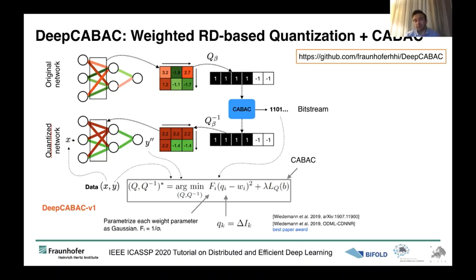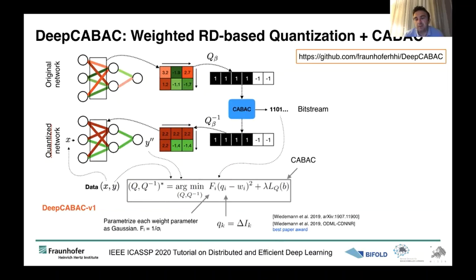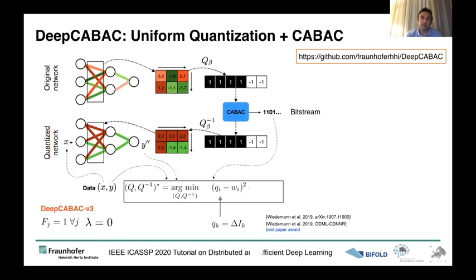So what we did in the first DeepCABAC version is to use these Bayesian deep learning techniques to get this parameter. But at some later point we found out that we can even simplify the problem and just use a uniform quantization plus CABAC and get very similar results.